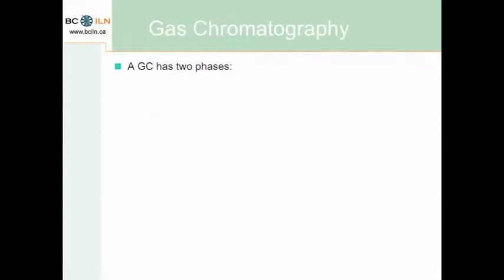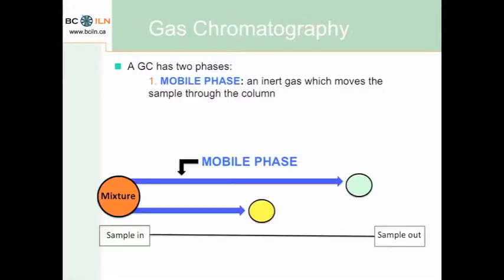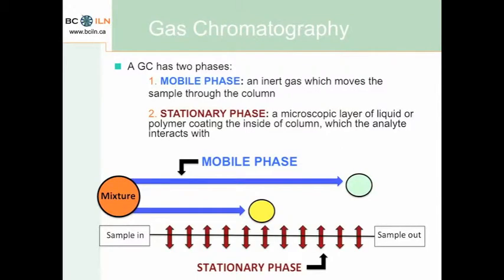GC uses two phases to separate a sample. A mobile phase, which is an inert gas like helium or argon that moves the sample through the column, and a stationary phase, which is the microscopic layer of liquid polymer that coats the inside of the column. As the mobile phase and the sample are moving through the column, the different analytes in the sample will interact with the stationary phase.